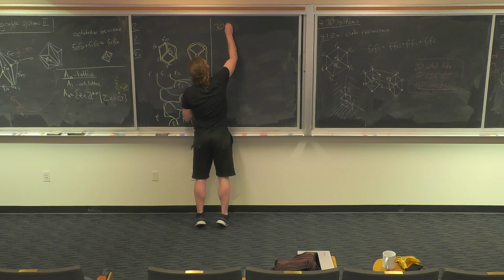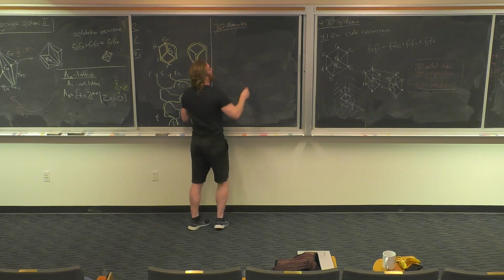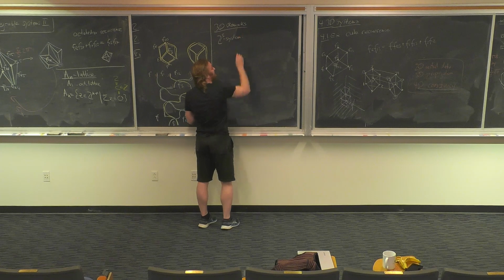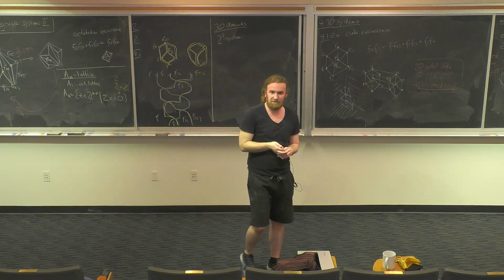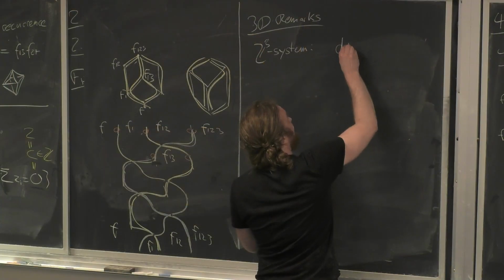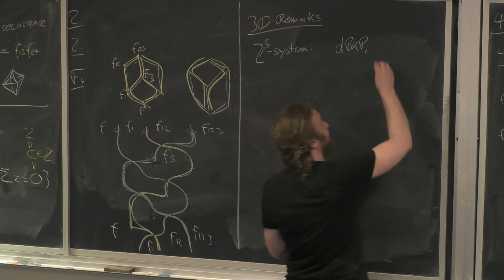So 3D remarks. For Z3 systems, the literature consists essentially of a collection of examples, but there's no classification or anything. So there it's called the BKP, which would be the name for the cube recurrence.